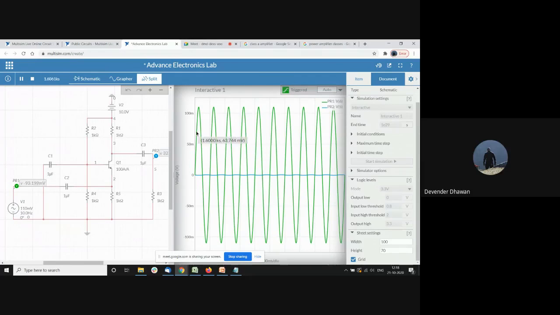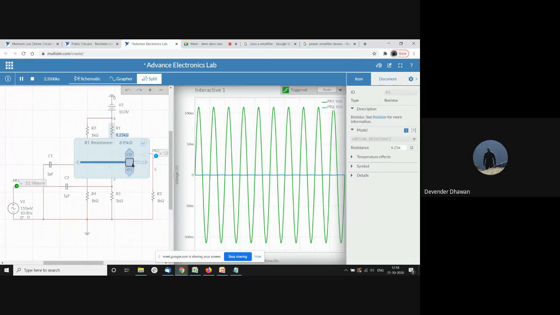Okay, sir. So you can see now we have a signal which is very small, obviously, because our gain is not good enough right now, so let us just try to make some changes. You see this signal. Okay, so we should give something here.